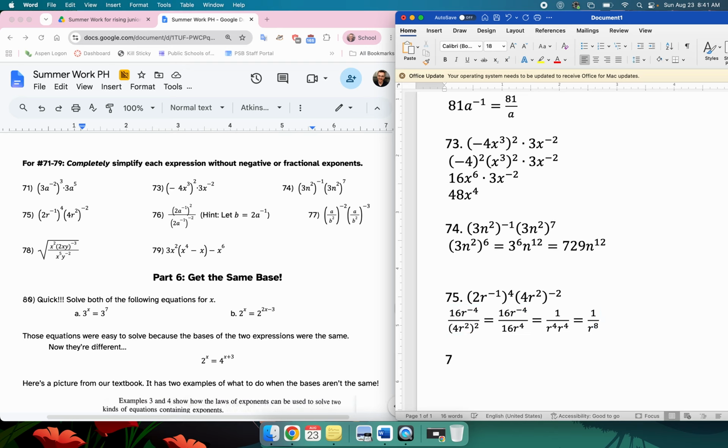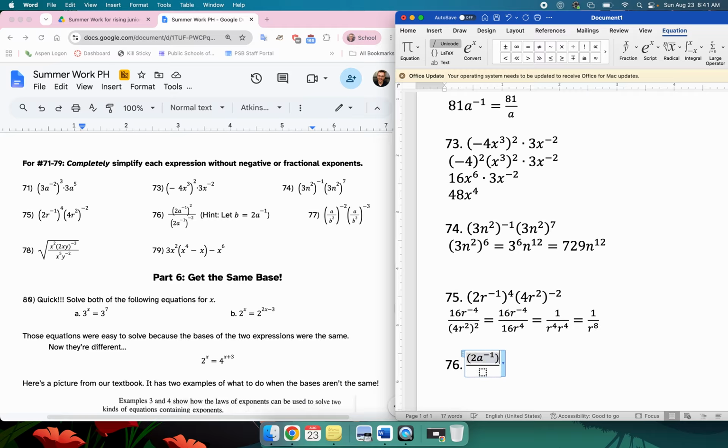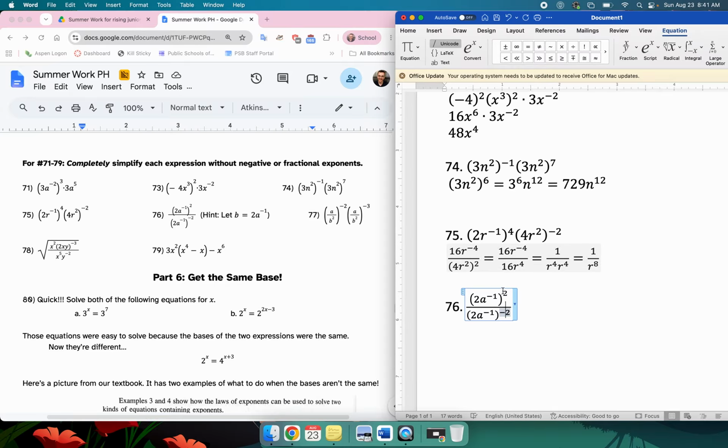Okay, so 76. The hint that we're giving here is kind of similar to what I said about number 74. Like you essentially have, oh, there's a negative 2 here. You essentially have like this object 2a to the negative 1 is the same as the object appearing here. So it's a little bit like you have x squared over x to the negative 2.